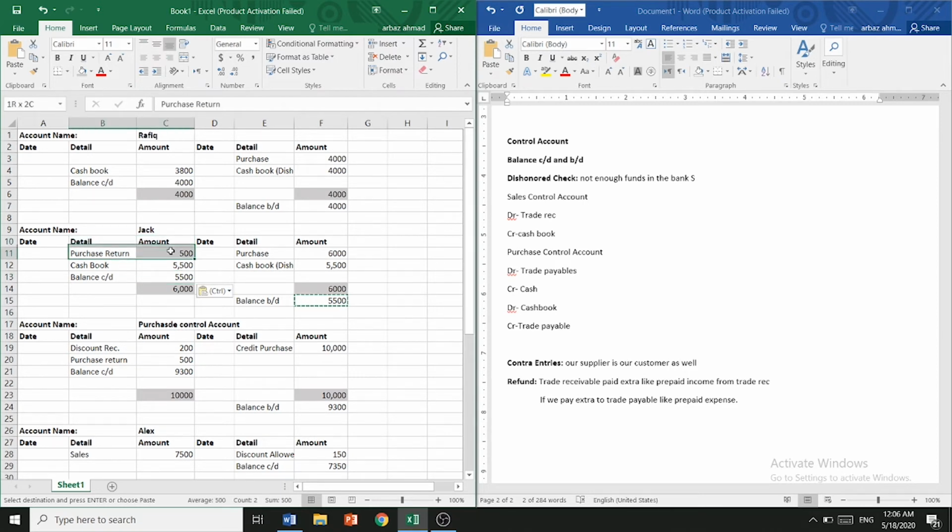Again, purchase return will stay the same in this case. Why? Because the goods I have already returned are not something like trade discount. This is basically cash discount. So cash discount is only based on the payment terms.